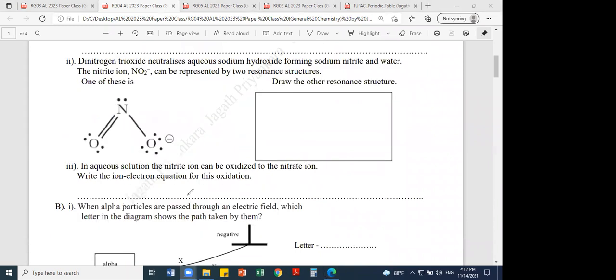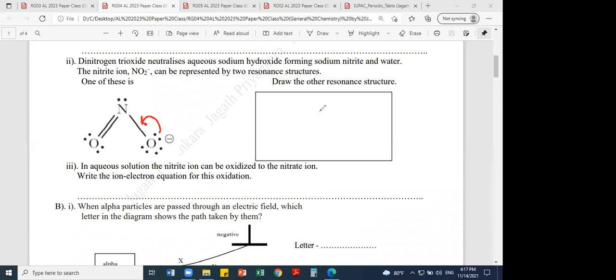So how to draw the other resonance structure? Look at the screen. I can shift the lone pair from here to convert this into a double bond, and this one can be converted to a single bond. So instead of making the double bond from this side, you can make it from this side to get the other one, and this side becomes a single bond.